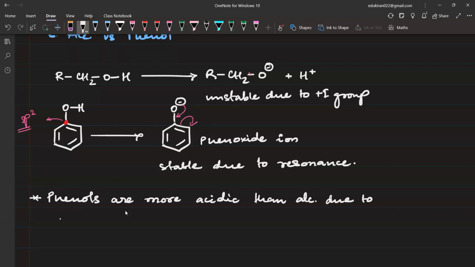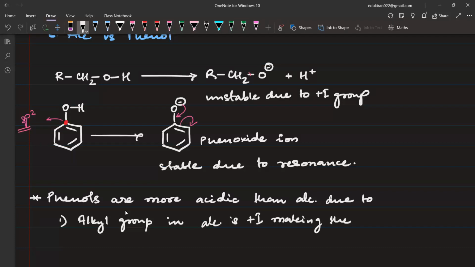due to, number one, alkyl group in alcohol is plus I, making the conjugate base, don't write conjugate base, write alkoxide ion.